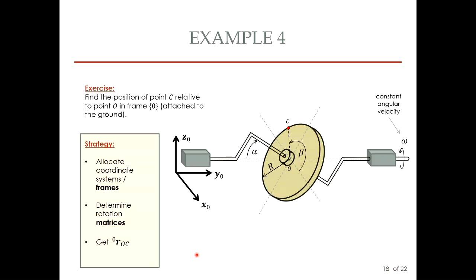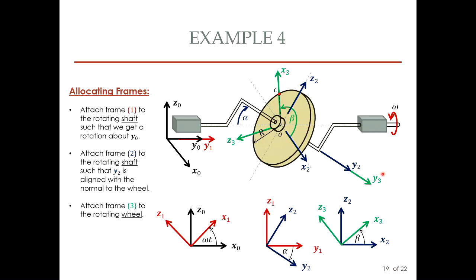Okay, so this is how I assigned the frames for this problem. Now, we will use the same problems in the next lecture, so pay attention to the coordinate systems here, right?